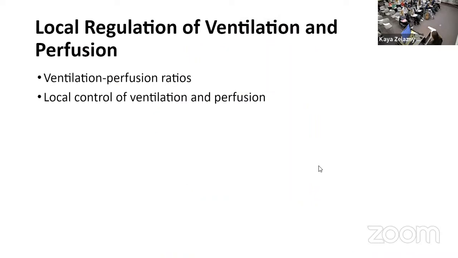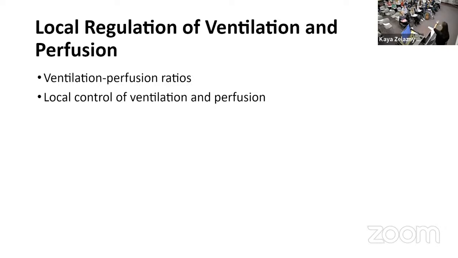Okay. So our final concept, which we mainly just want to know about and get the gist of, is something called the ventilation-perfusion ratio. Which is just referring to the fact that when we're doing gas exchange, we're thinking about air movement, which is the ventilation portion.